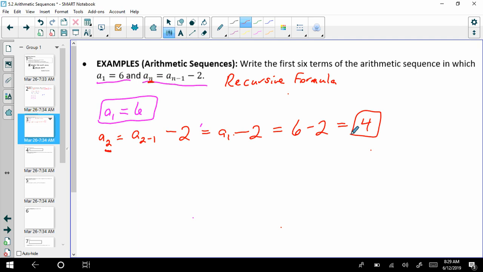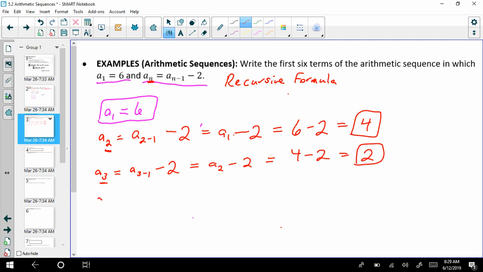Now let's find a sub 3. Since 3 is now sitting in the spot of n, I want to plug a 3 in anywhere I see n. So it becomes a sub 2 minus 2. So our previous answer, a sub 2, was 4 minus 2. I get 2.